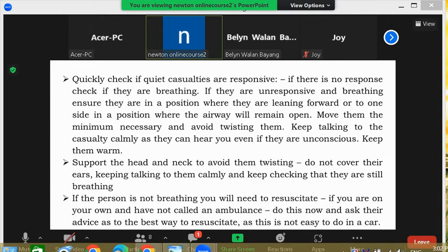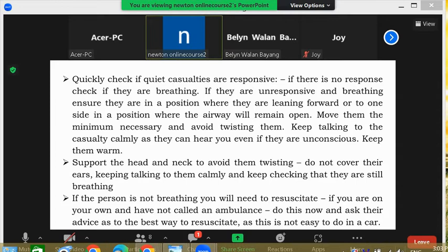If the person is not breathing, you will need to resuscitate. That means you have to give CPR, cardiopulmonary resuscitation, if the person is not breathing. If you are on your own, call an ambulance, do this now, and ask their advice on the best way to resuscitate, as this is not easy to do in a car.